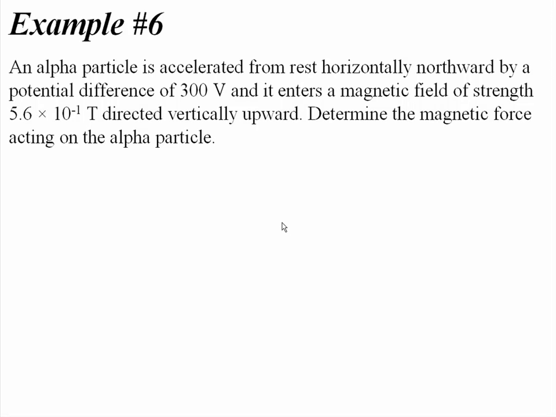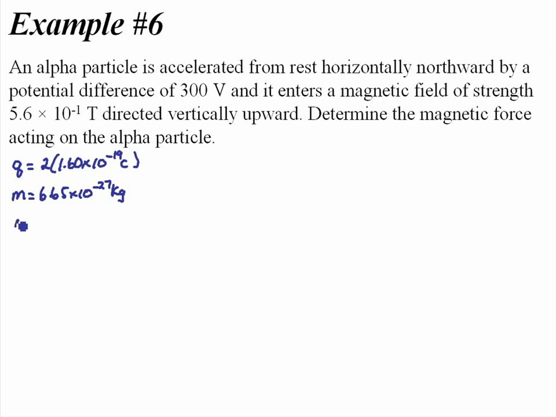Well, let's start with what we know. We have an alpha particle, so we know its charge is twice the elementary charge. So 2 times 1.60 times 10 to the negative 19 coulombs. We know its mass, 6.65 times 10 to the negative 27 kilograms.